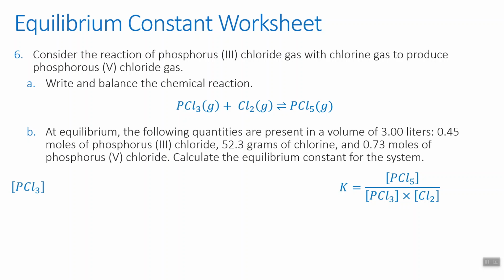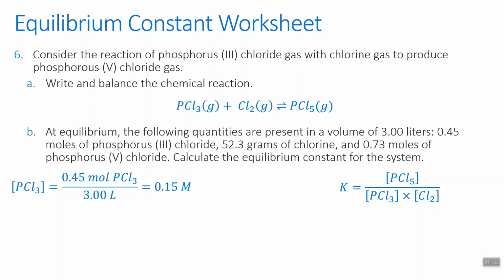So let's start with PCl3. Molarity in chemistry is how we measure concentration, and that's going to be moles per liter. So I already know the moles of PCl3, and we're given that the volume is 3 liters. So I just need to solve there for my concentration. Now for the chlorine gas, we are not given moles, we're given 52.3 grams.